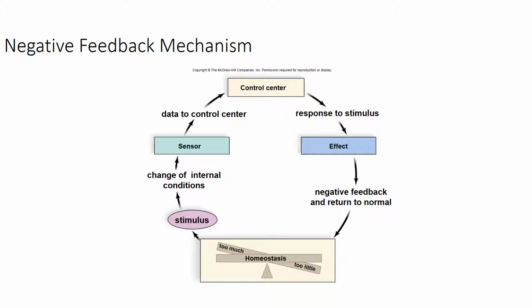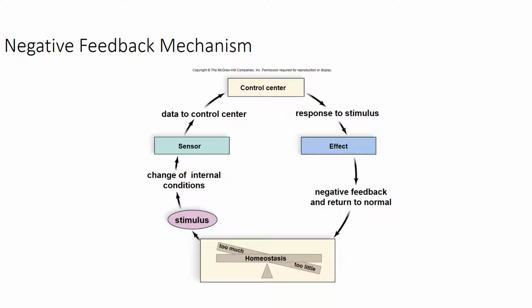Now, here is the feedback loop that basically shows how homeostasis works. Let's say your blood sugar is just fine, and then you eat a whole lot of sugar, you eat way too many candy bars, and basically a message is going to be sent because your blood sugar is way too high.